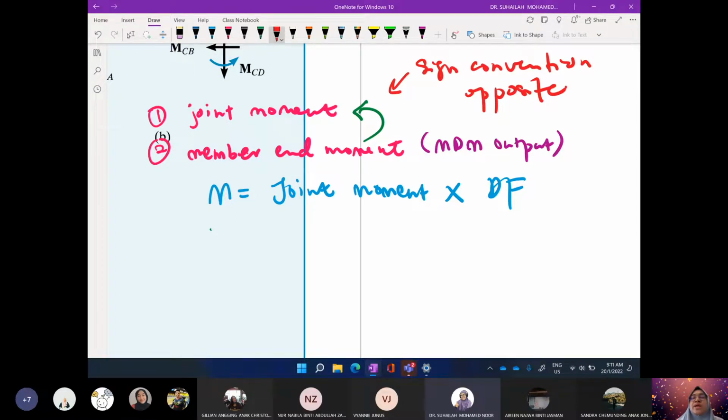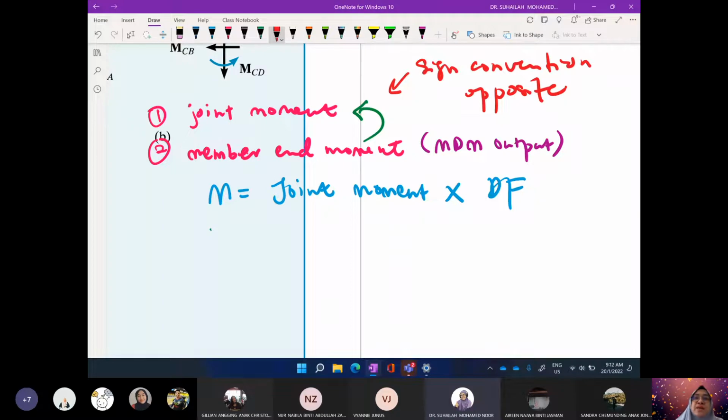That is why in the table we need to change sign whenever we distribute moment. The direction of the end moment and the joint moment are opposite to each other.